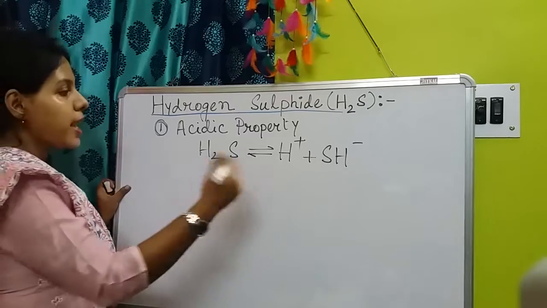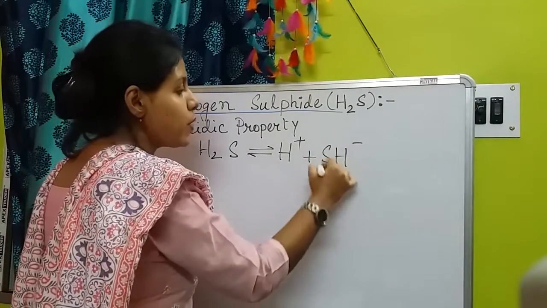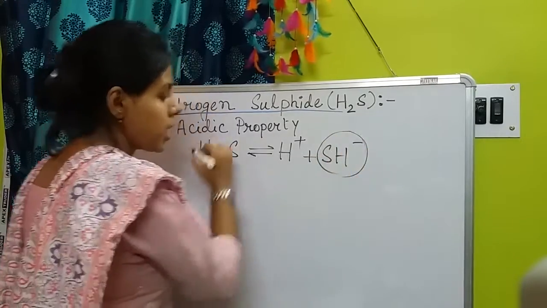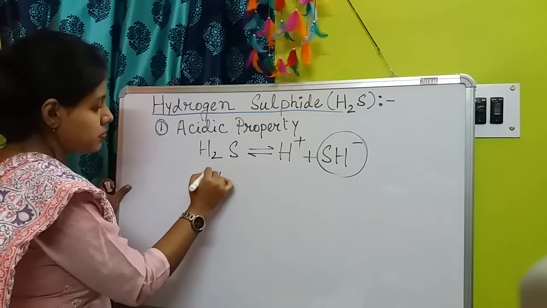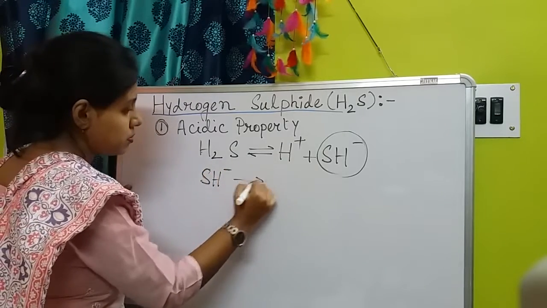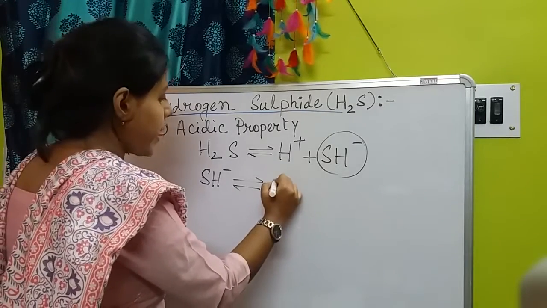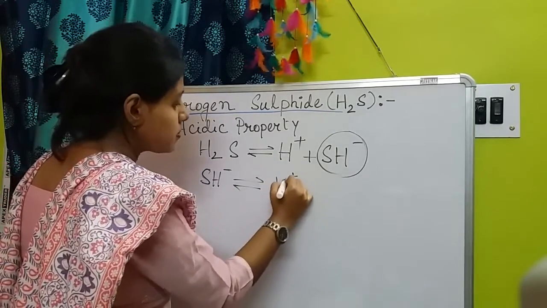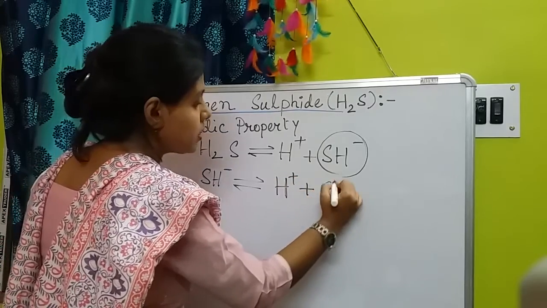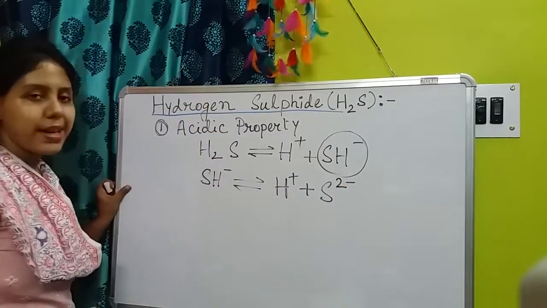This is the first step. Secondly, this SH minus will again decompose to make again H plus along with the sulfide S2 minus ion.